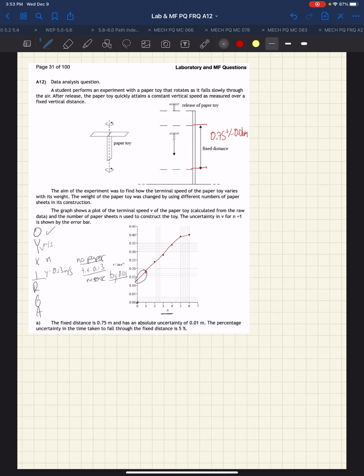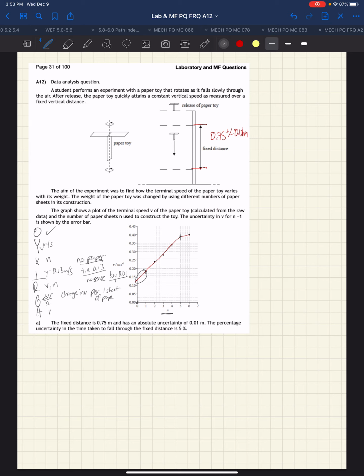So that's our intercept. We can read, of course, velocity in n. The gradient is delta v per n. So that means with every increase of one sheet of paper, it is the change in v per one sheet of paper, which we can see is fairly constant, at least up until 5 sheets of paper.